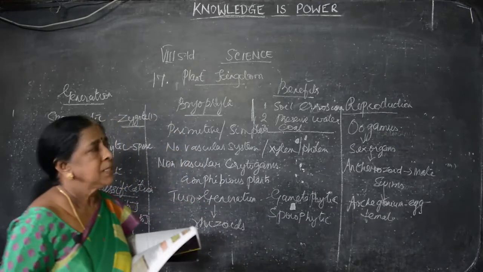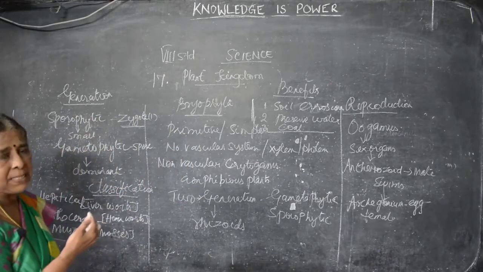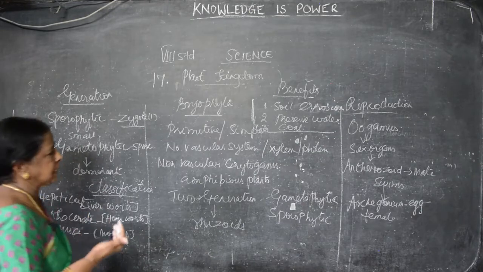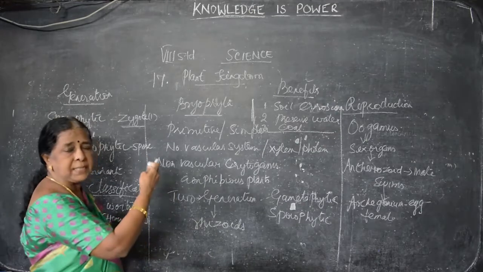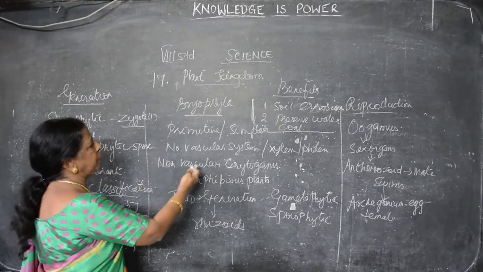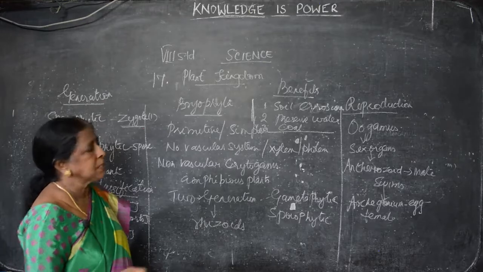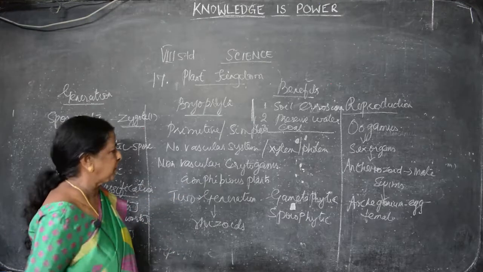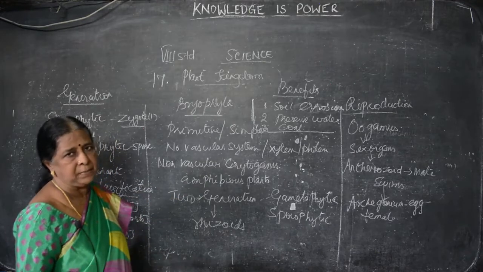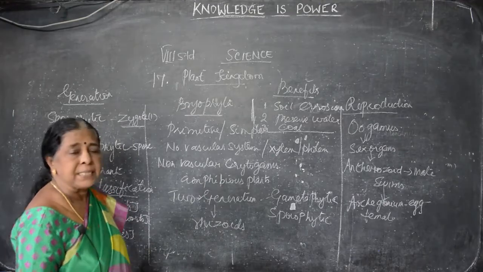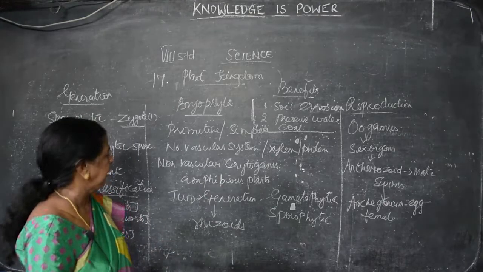So is it clear? Bryophyta is the second stage of cryptogams. First I said thallophyta; next to thallophyta, bryophyta. This is also primitive. Structure is simple. No vascular system, so it is known as non-vascular cryptogam. It is amphibious, it lives on both land and water.